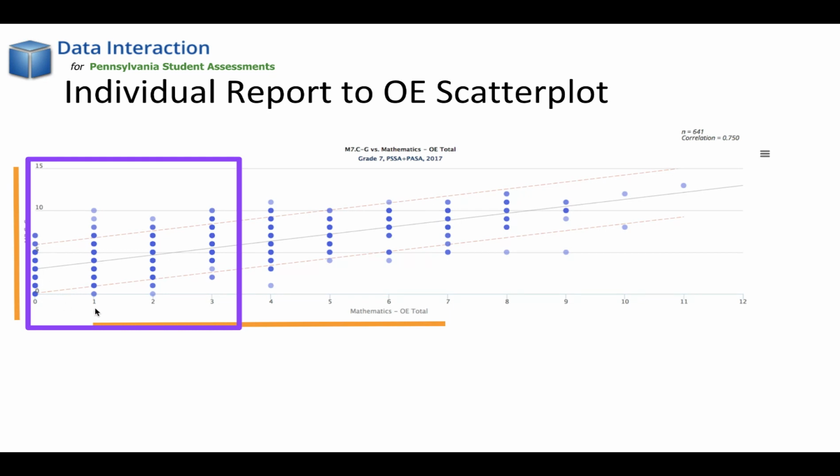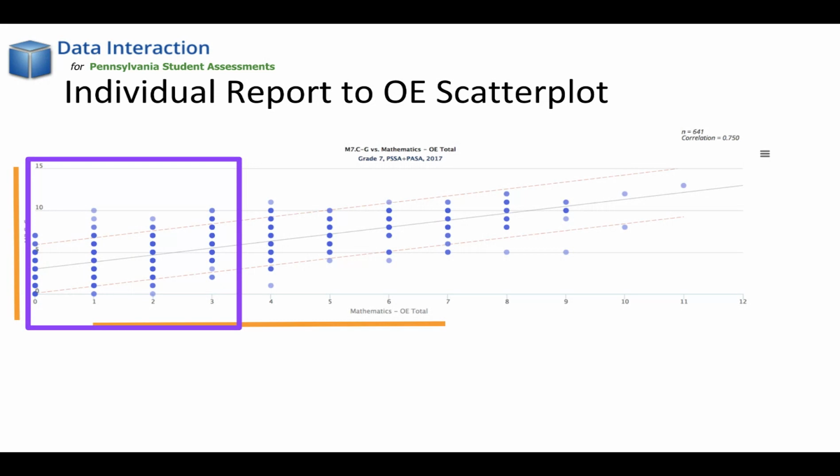There are quite a few students also who scored a 1, a 2, or a 3 in the total number of points for open-ended and have earned fewer points on the geometry as well. If I go all the way over to the right, you see this student right here has earned 11 points in the open-ended and has one of the higher scores for geometry.